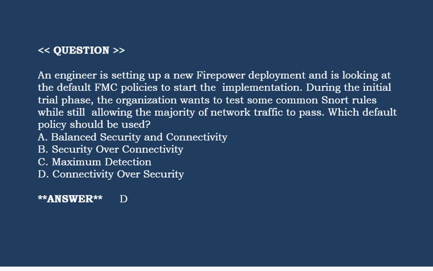Which default policy should be used? Option A, balanced security and connectivity. Option B, security over connectivity. Option C, maximum detection. Option D, connectivity over security. Correct answer is option D.